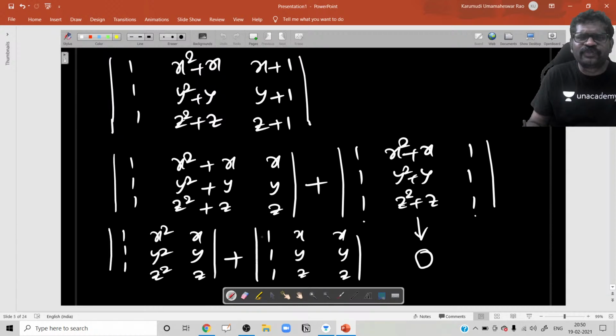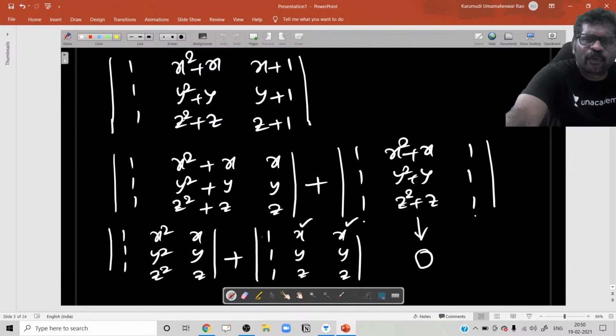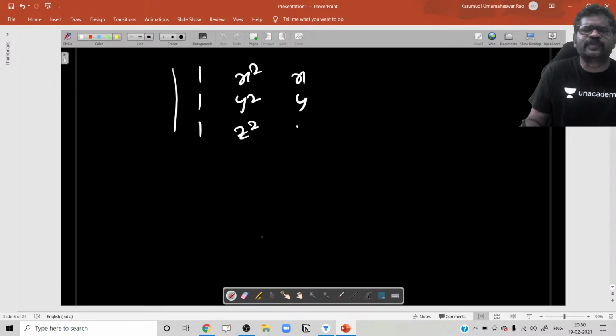Now because these two columns are identical, this determinant value is 0, but here this can be written as 1 1 1, x square y square z square, x y z.